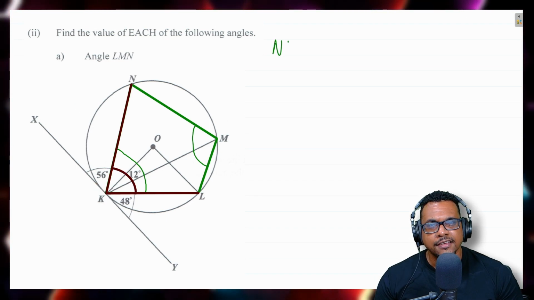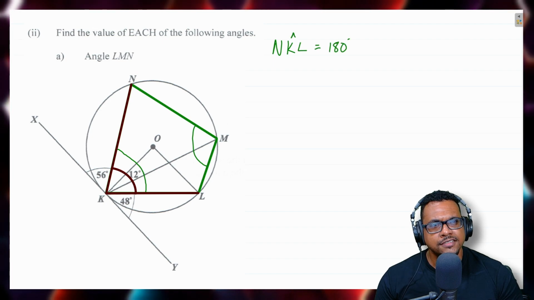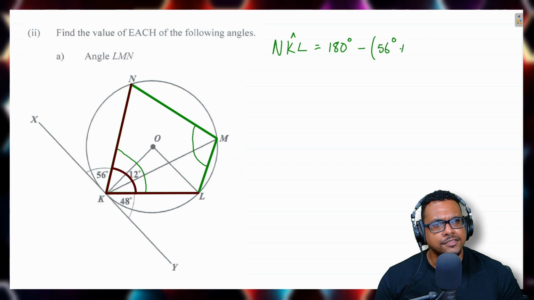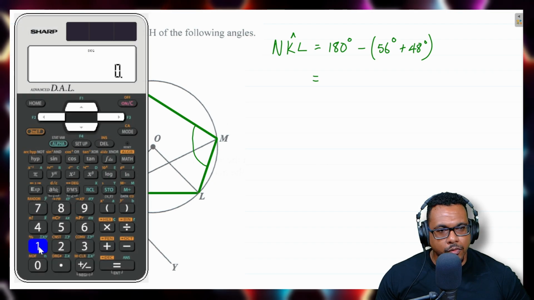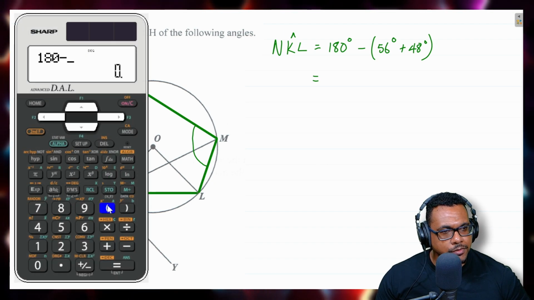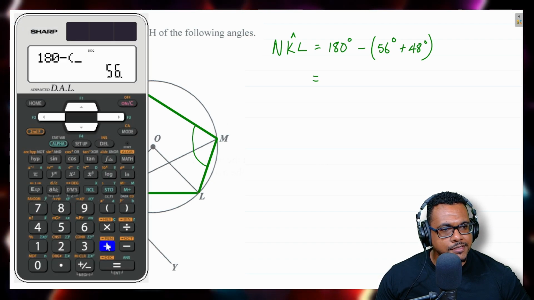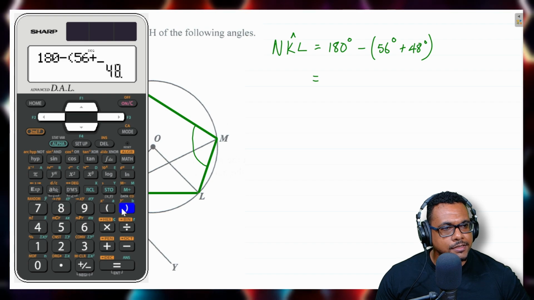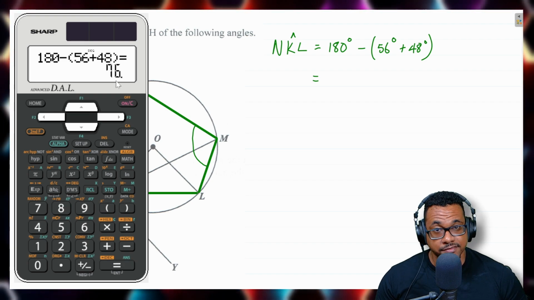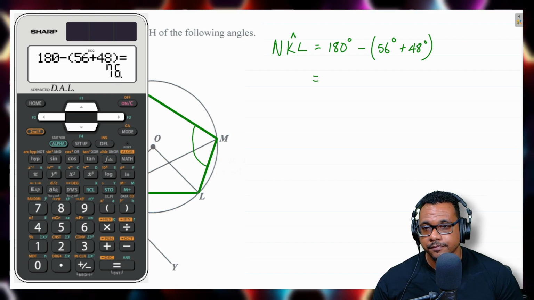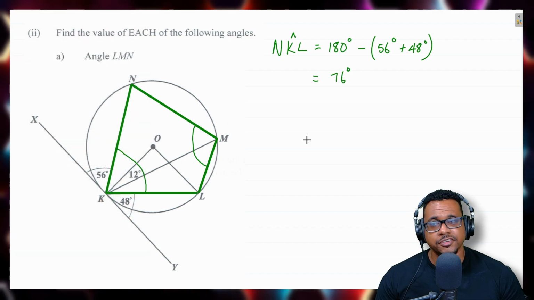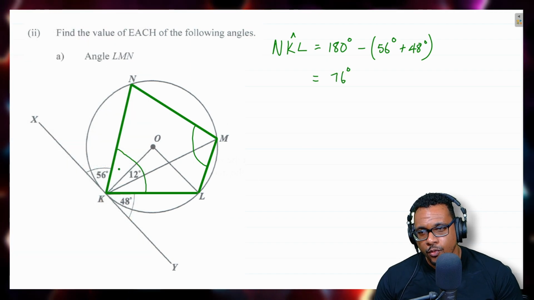So, angle NKL is equal to 180 degrees take away 56 degrees plus 48 degrees. And that's equal to 180, take away open brackets, 56 plus 48, close brackets, and we get 76. All right, so this is 76 degrees. Therefore, this whole angle is 76 degrees.